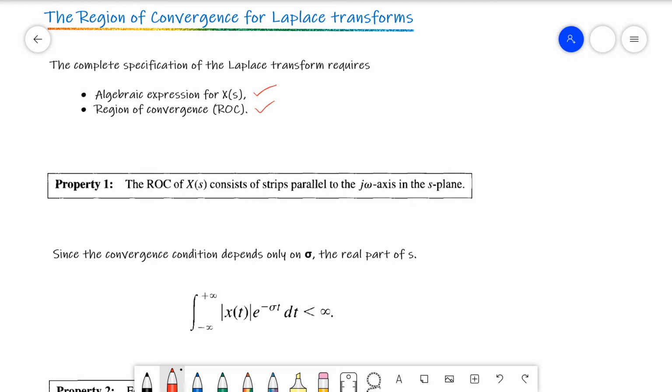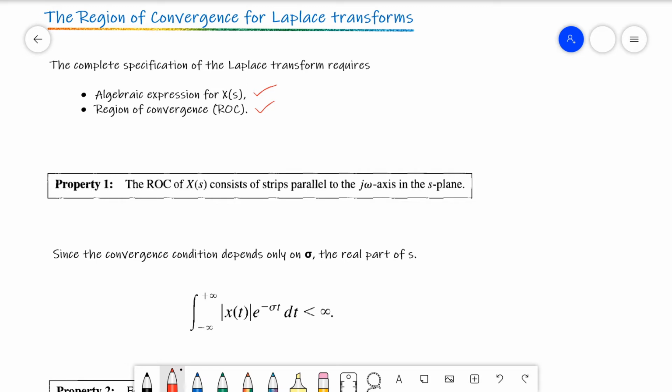Property number 1 states that the ROC of X of S consists of strips parallel to the j omega axis in the S plane. We have already seen that the convergence only depends on the real part of S, which is sigma.